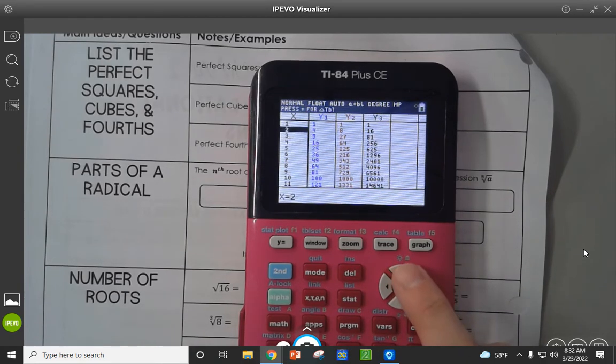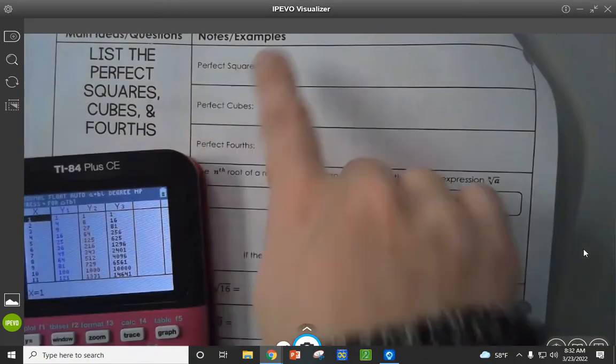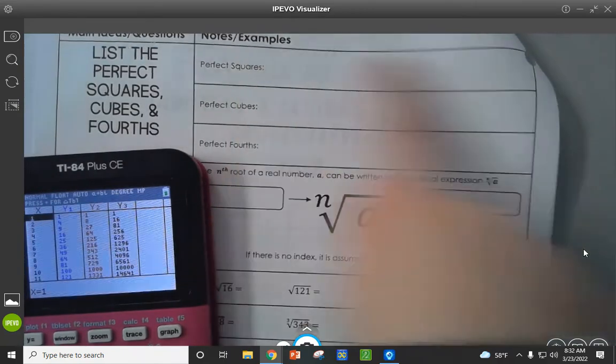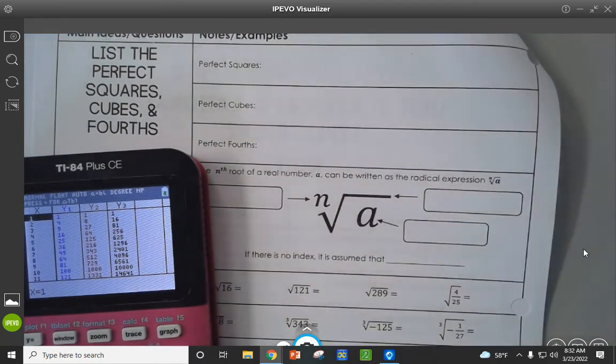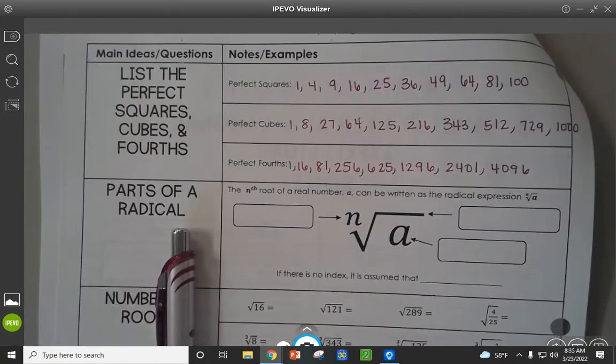Okay. So starting at 1, I want you to fill in perfect squares, cubes, and fourths, as many as you can there. There you are. And I only went up to 4,096 on the fourths.